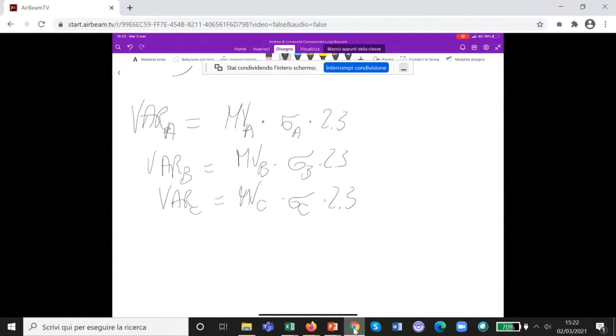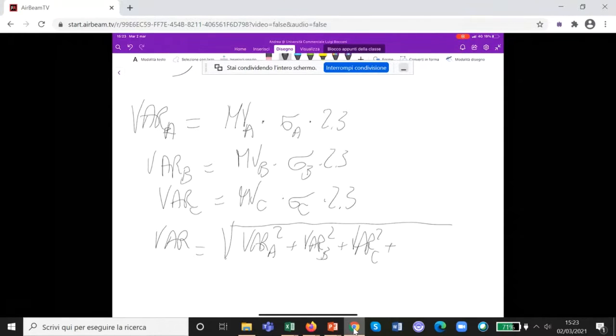Okay. Now, if I want to estimate the value at risk of the entire portfolio, I would have to basically use the square root of the value at risk of stock A squared plus the value at risk of stock B squared plus the value at risk of stock C squared plus all the double products with the correlation.